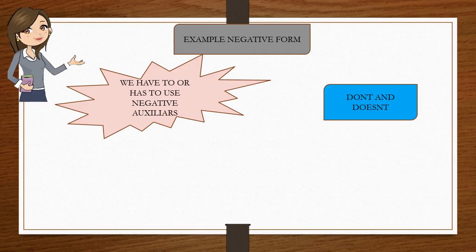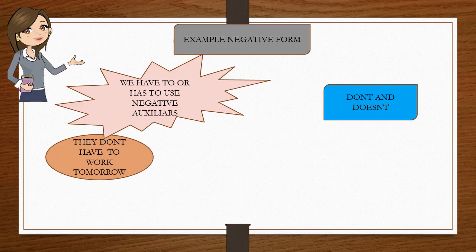The first sentence says they don't have to work tomorrow. Okay, in this sentence it is trying to say that they need to rest. That's why it says they don't have to work tomorrow.